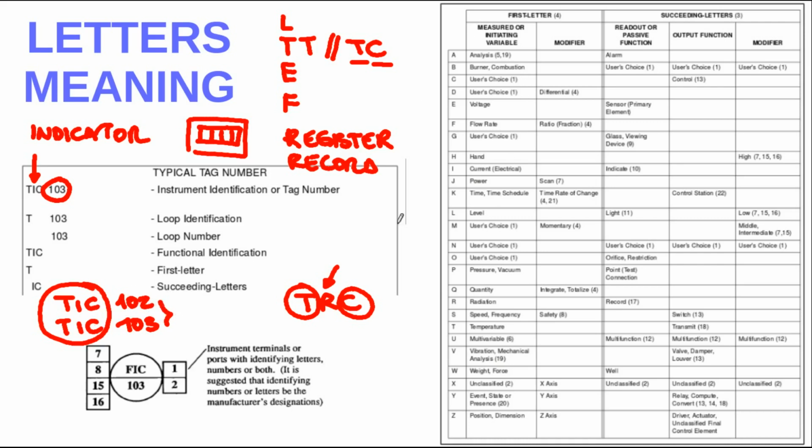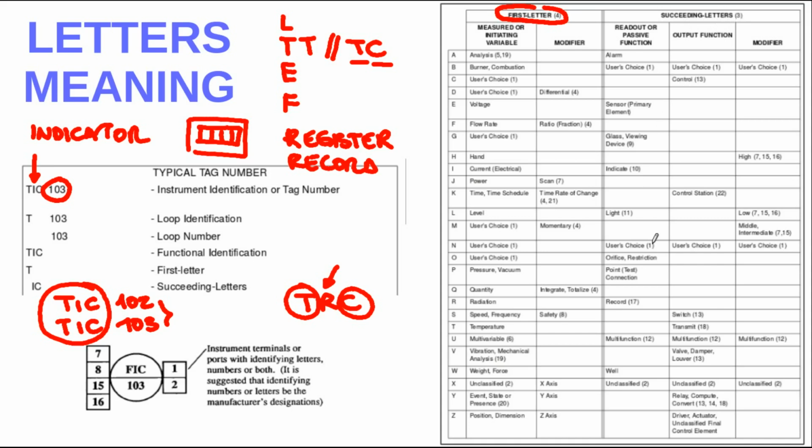Well, here you have a table that gathers all together the meaning of the letters depending on the position they are. As you can see here, this is the first letter. As you may remember, we have succeeding letters.